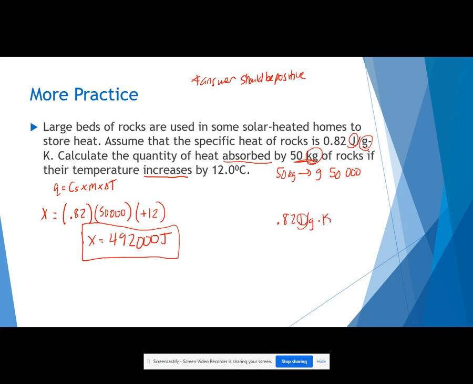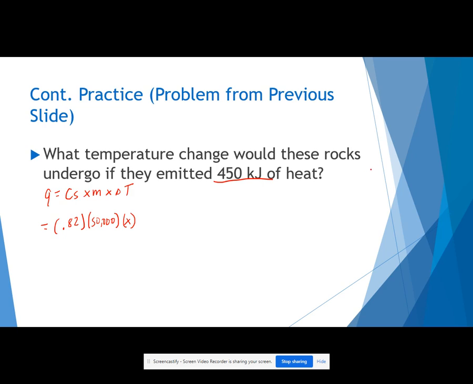It wants joules, not kilojoules. So we have to change this. 450 kilojoules, if you're going to change it to joules, you multiply it by 1,000. So 450,000.